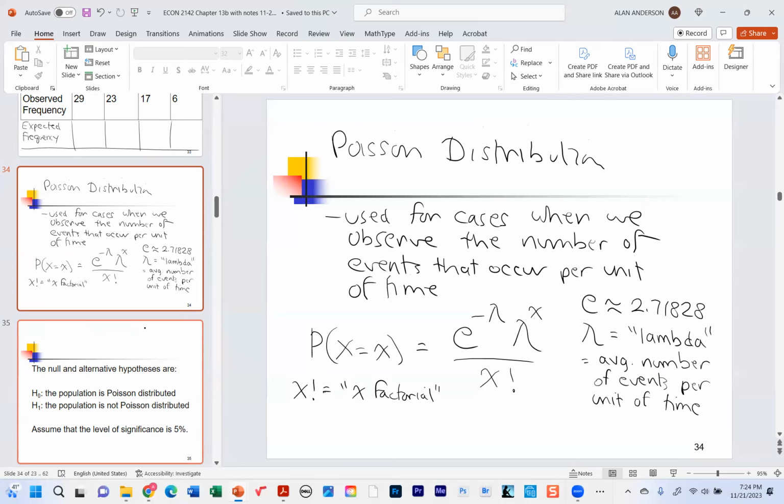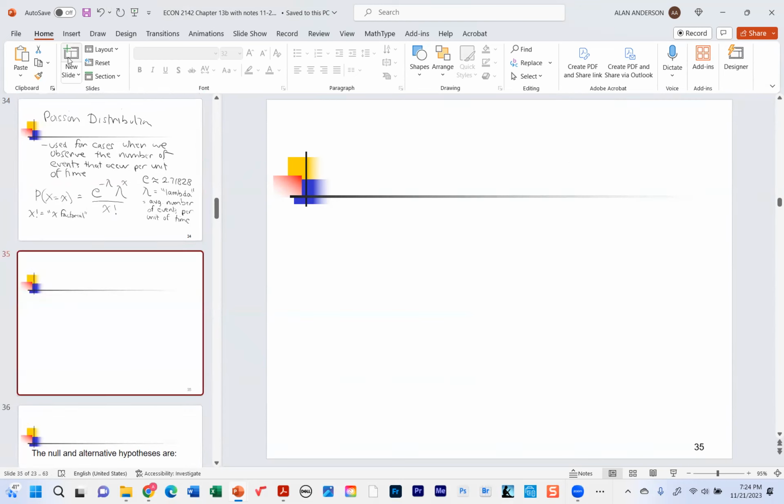All right, let's jump out to the next slide and see how this works on the calculator. So let's start with this one. Suppose you need to know the value of e to the minus 2 power. So here's what you have to do.